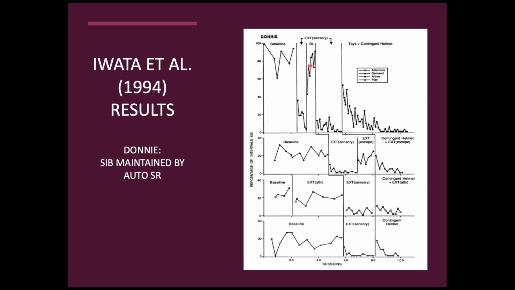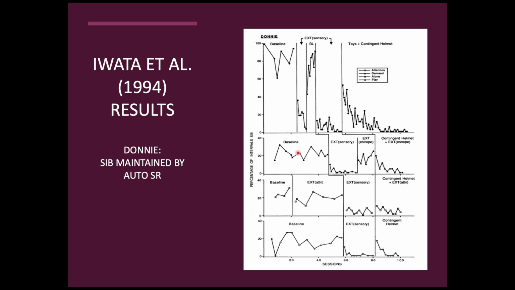They reverse back to baseline and then go back to extinction. So it is a multiple baseline, but also a reversal in that they confirm sensory extinction is very effective. Then they move to this procedure where toys are provided and they apply a helmet, sensory extinction, contingent on SIB. And you get this gradual decrease until problem behavior is eliminated.